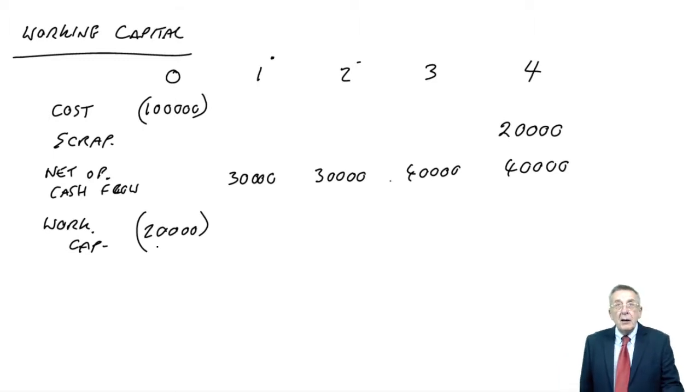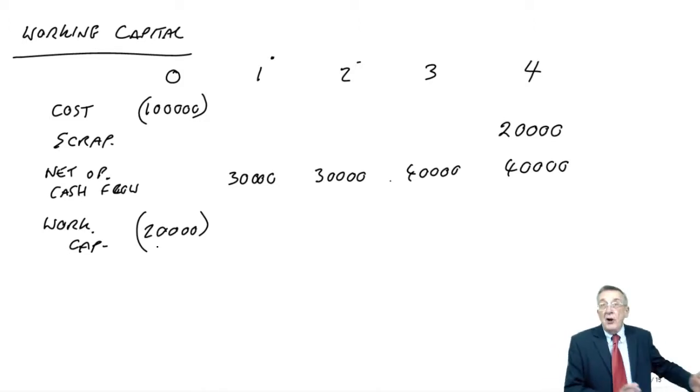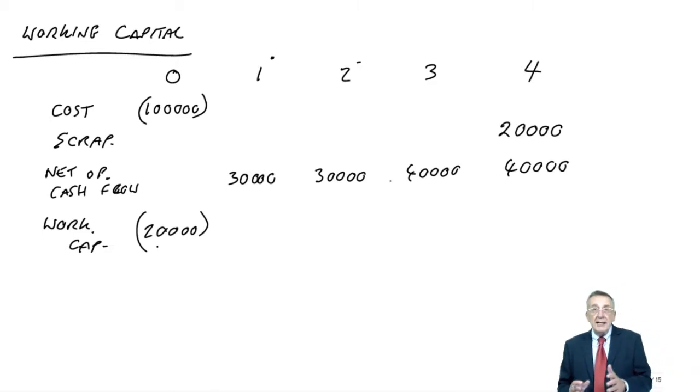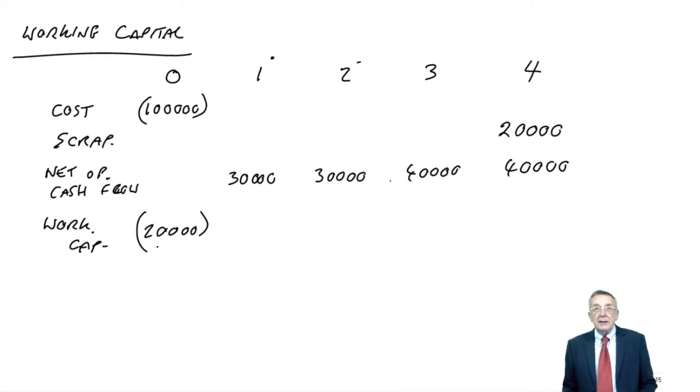However, we always assume, unless obviously you're told differently, that although we'll need to hold extra inventory, 20,000, while the machine is operating, at the end of its life we no longer need that extra material, the extra finance, extra receivables and so on.